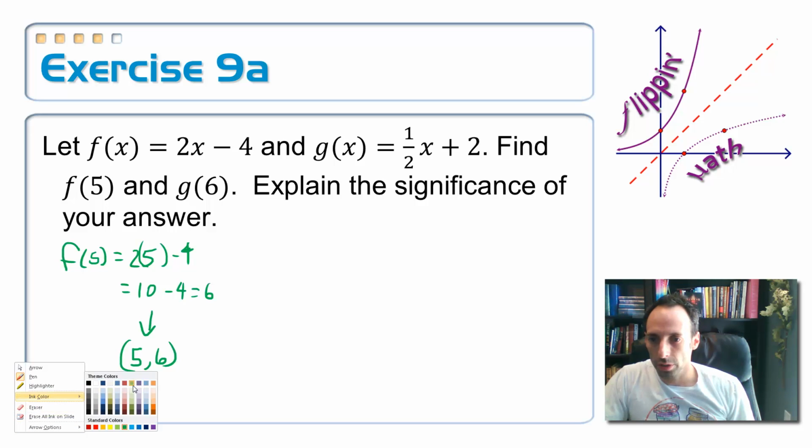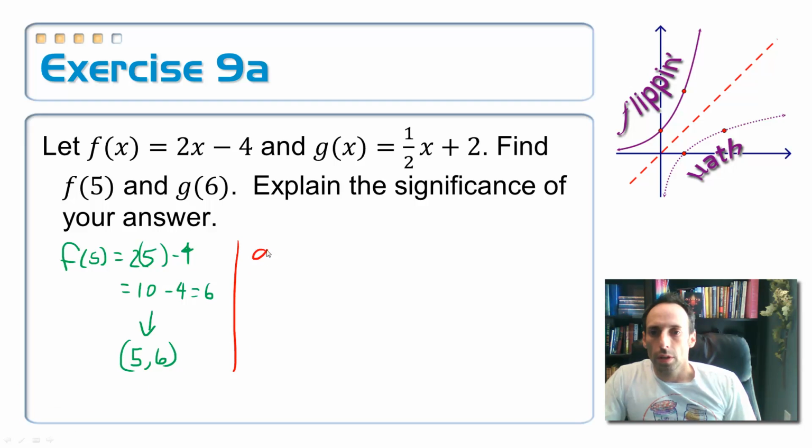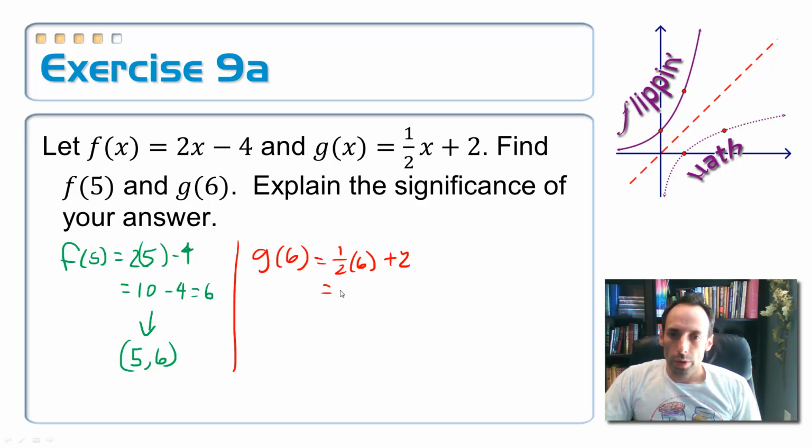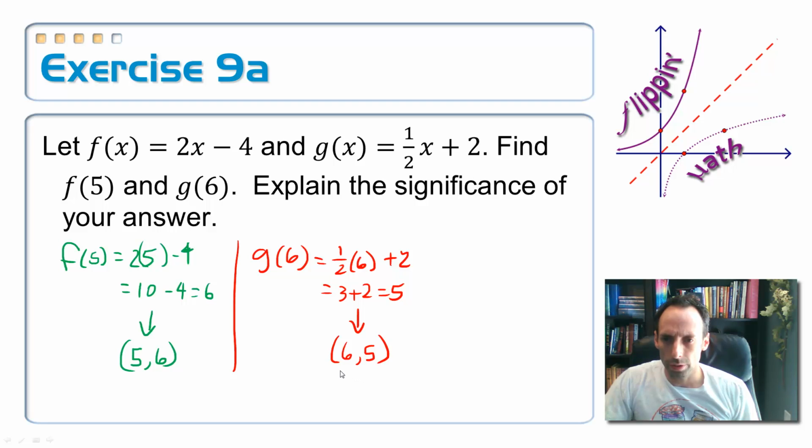Alright, let's switch colors. Red, make this nice and Christmassy. g of 6 this time, let's take a half of 6, add 2 to that thing. We have 3 plus 2, which is 5, and that corresponds to the point (6, 5). Curious.